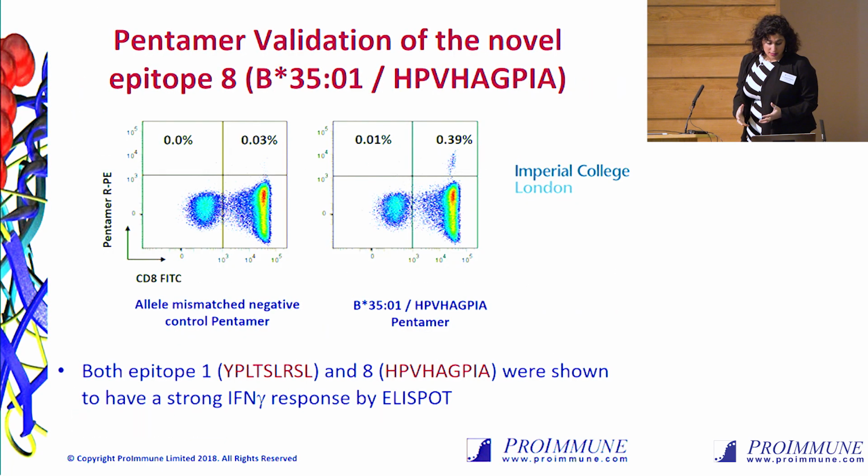This is just another example of staining. We like this dot plot because it corresponds to a case study that I will mention towards the end of my talk. In this case, it's an epitope specific to HIV.